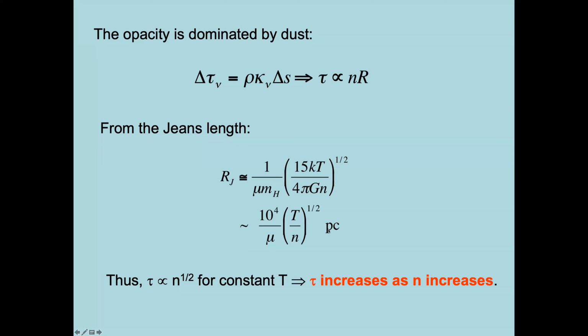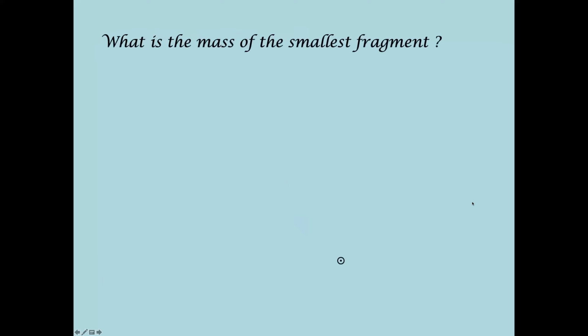If you put this in here, you see that tau is proportional to the square root of the number density, if the temperature is constant again. We are assuming constant temperature, which is the case in the initial collapse, as I demonstrated just 2 minutes ago. So tau increases as n increases. So the tau is getting larger.